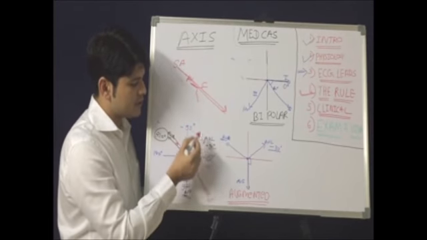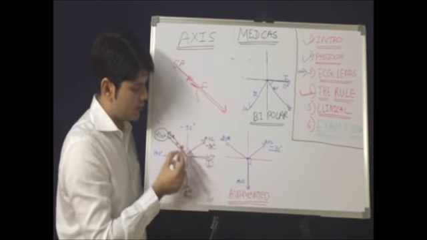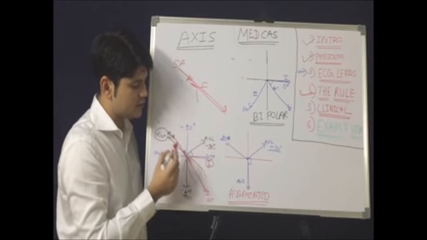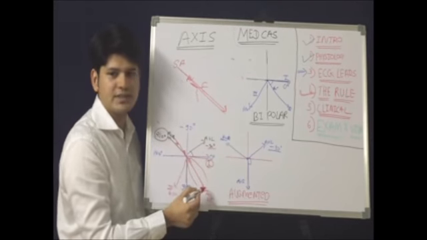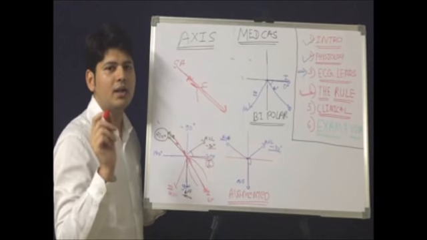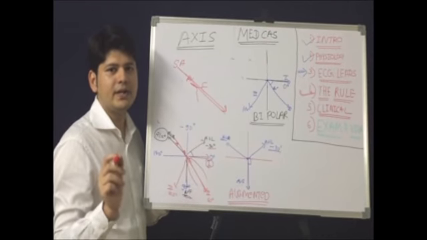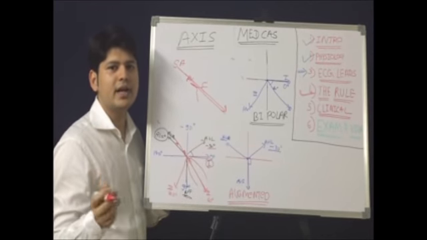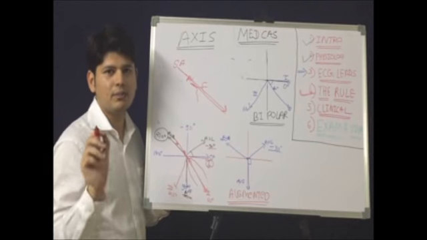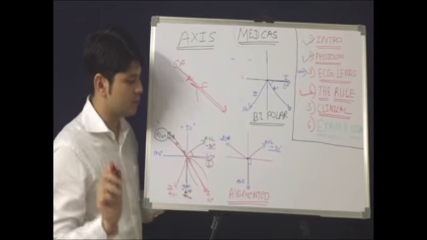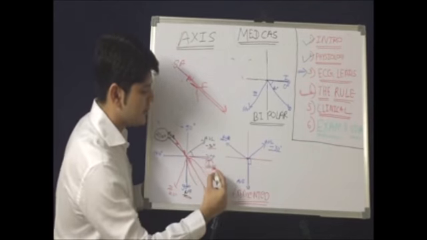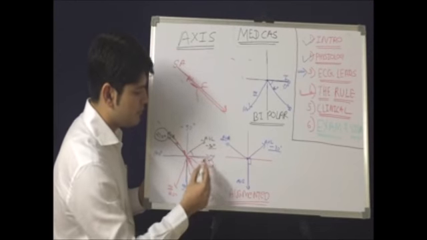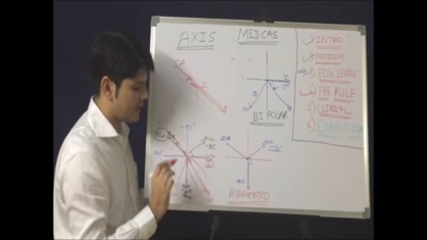So till now we have understood that what the ECG axis shows is the flow of the current, and the rule we remember: a lead will record a positive deflection if current is towards it, and negative deflection if current is opposite to that lead. Suppose now we are going to use lead 1 and lead AVF for determining the axis.